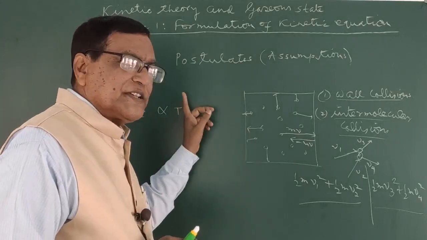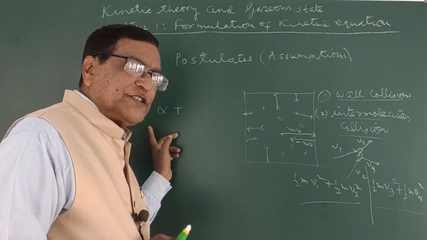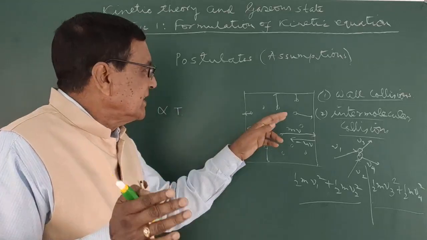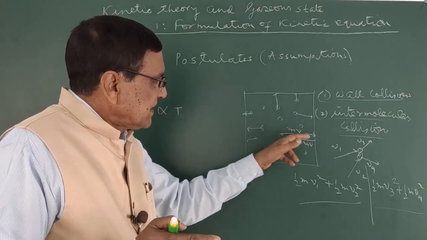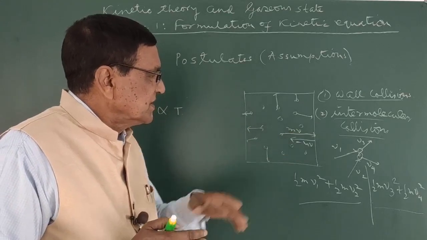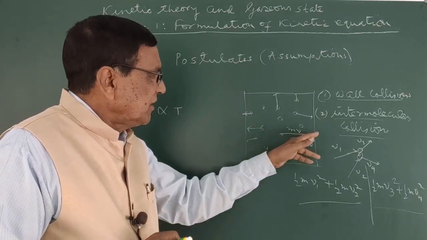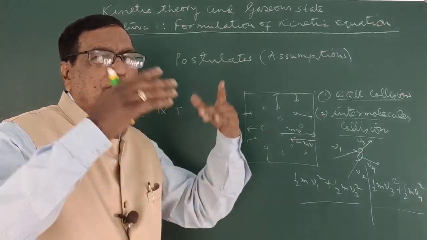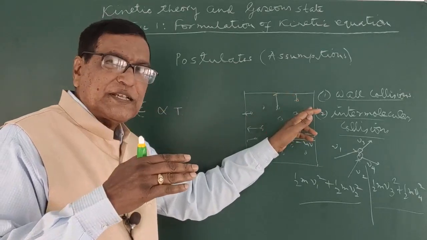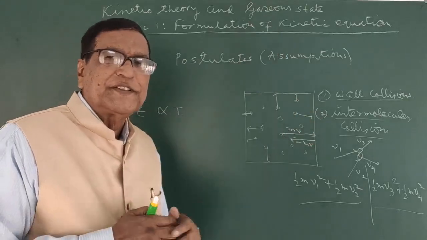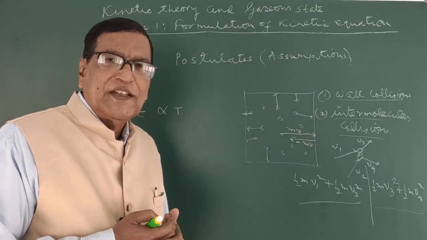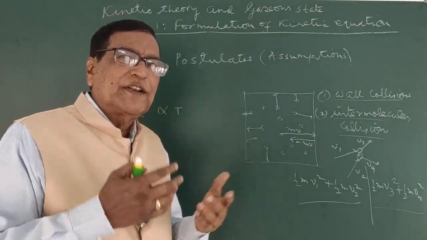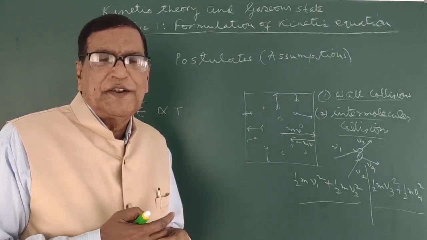Whenever the temperature is increased, the velocity of the molecules is increased. The thrust with which these molecules collide with the wall is also increased. So if you keep the pressure fixed, then volume will increase with the rise in temperature. Or if you keep the volume fixed, then pressure will rise with the increase of temperature.